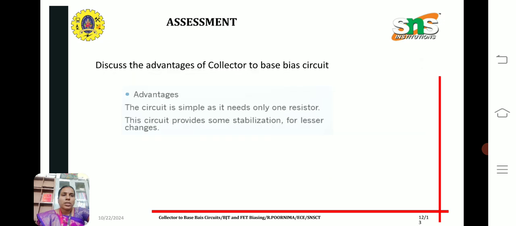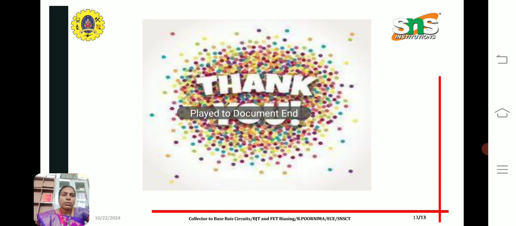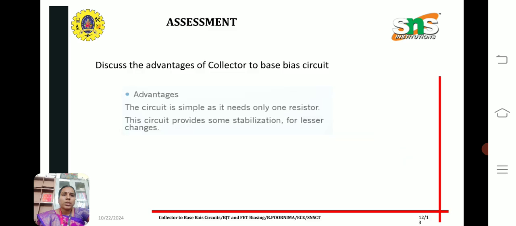Let's take the assessment: discuss the advantages of the collector to base bias circuit. We have initially discussed the limitations of a collector base bias circuit and also the advantages. The advantages of the circuit are that it is very simple in construction, and it needs only one resistor in the feedback path.